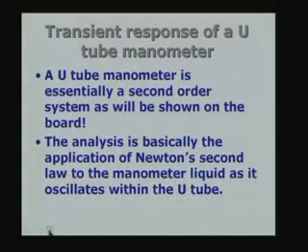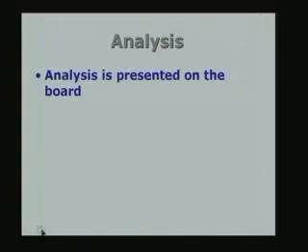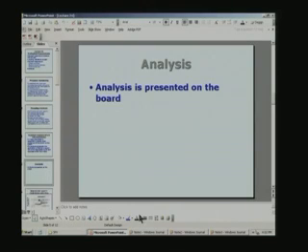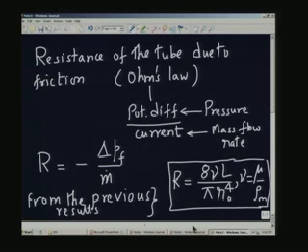So, the analysis I am going to show on the board by working out the various steps required, and let us look at how we are going to do that. So, let me just draw a schematic of a U tube. At any time, the manometric liquid is occupying this, which is a function of time, because I am talking about transient.